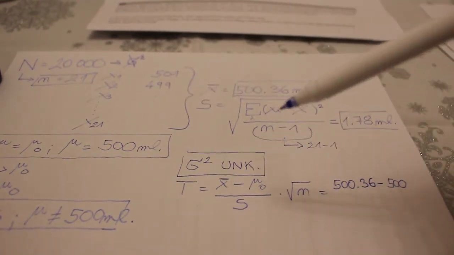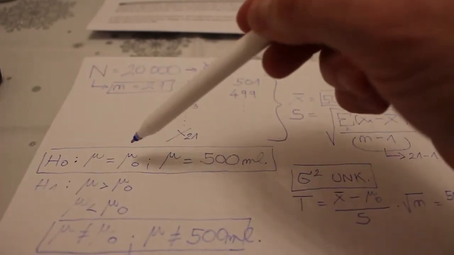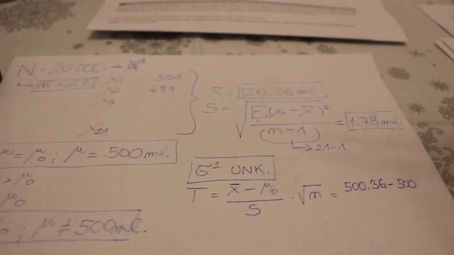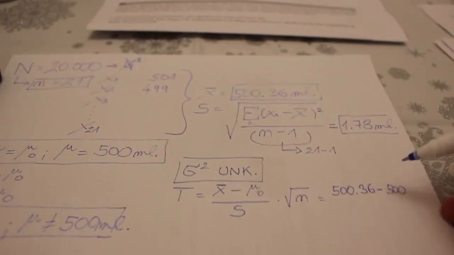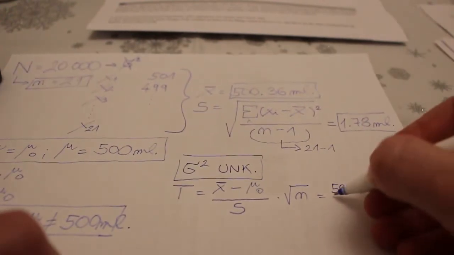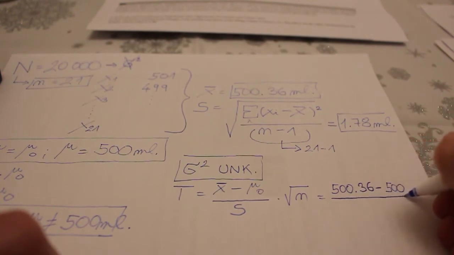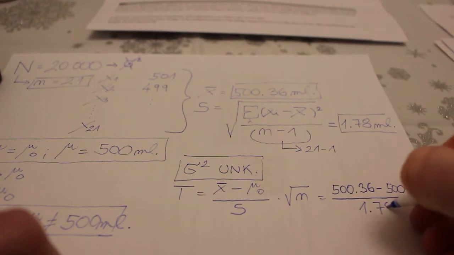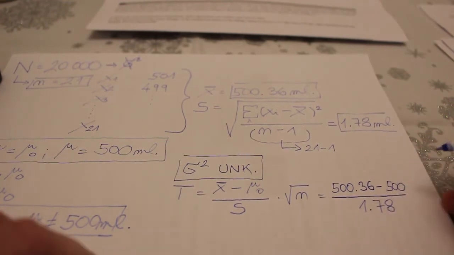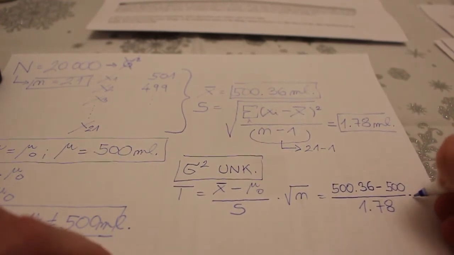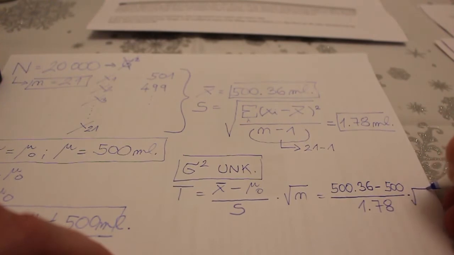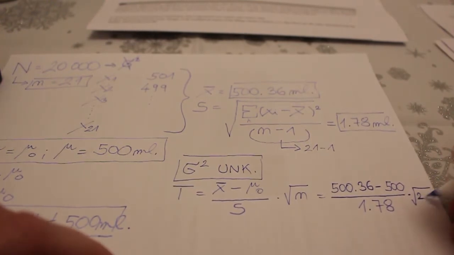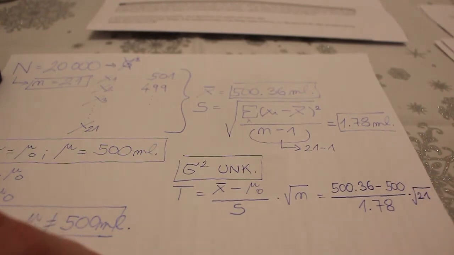Can you see this mu 0 is a statement from the null hypothesis? So the difference, 500.36 minus 500, divided by the calculated standard deviation 1.78 milliliters of beer, times the square root of n, my sample size, 21 bottles.